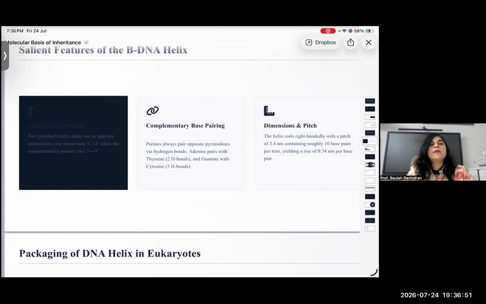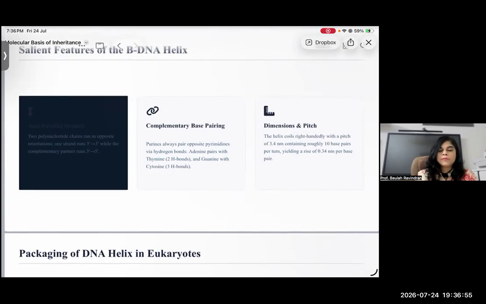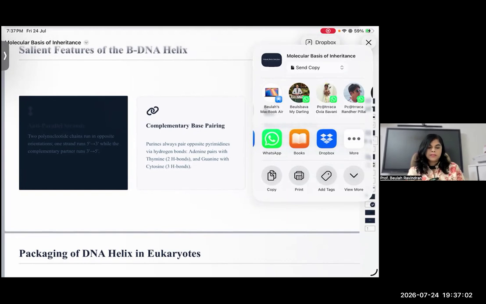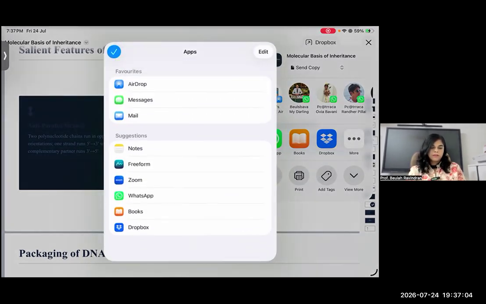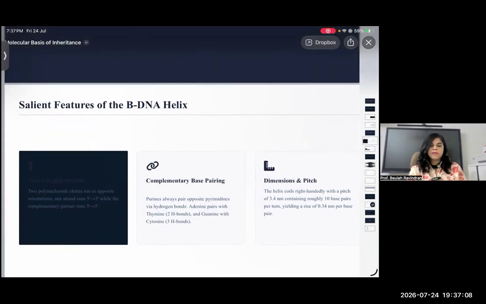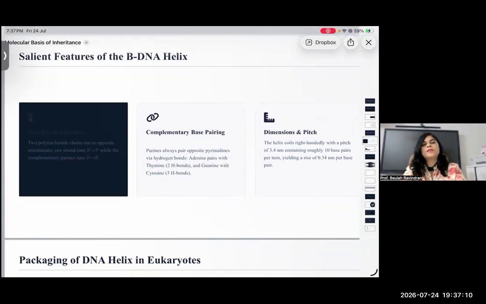But in the case of humans, approximately 30 million nucleosomes are present.